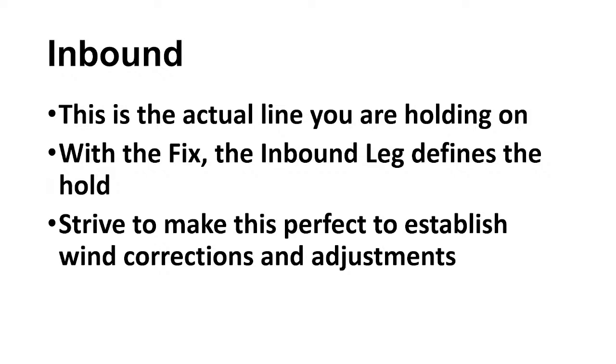If you've got a wind coming directly along the line, you'll just adjust the amount of time you fly this way. If it takes 1 minute and 15 seconds to fly to here, you'll take 15 seconds off going this way. You'll only fly 45 seconds, and then when you turn back, it'll take you 1 minute.